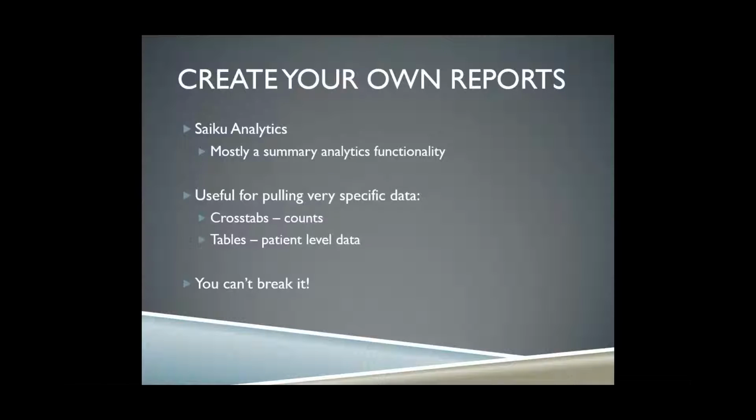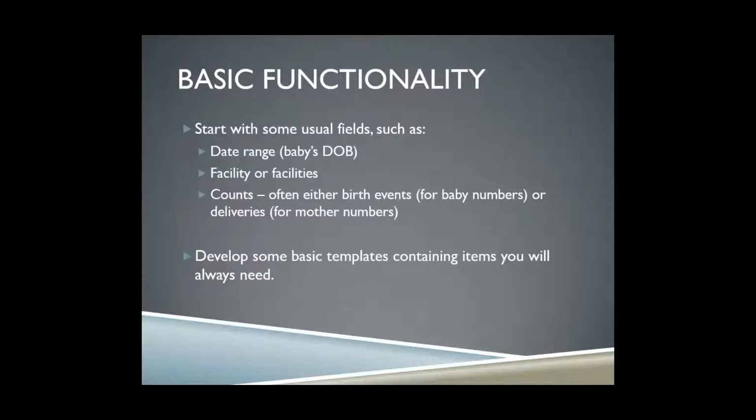So create your own reports. Again, it's a summary analytics, as I stated. It's about crosstabs and counts, and you are able to drill down into a particular data set summary to see who actually is in there as your patients. Start with some basic fields for the basic functionality.